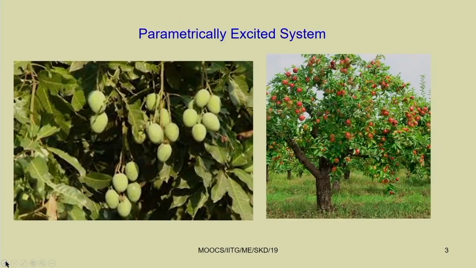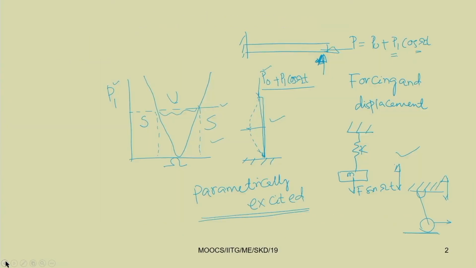In the previous case, the equation of motion can be written in this form: x double dot plus k x plus c x dot equal to f sin omega t.